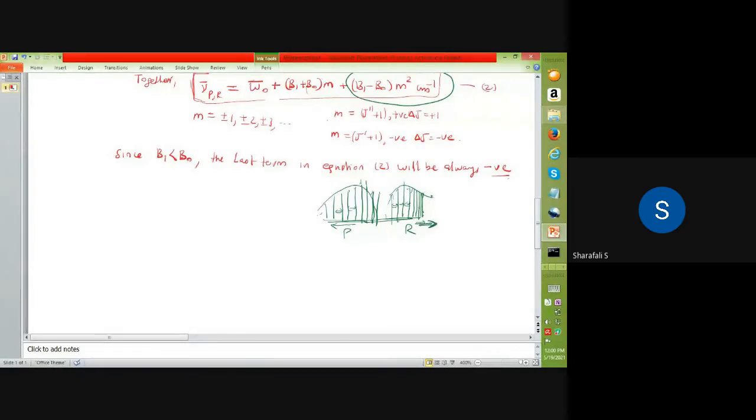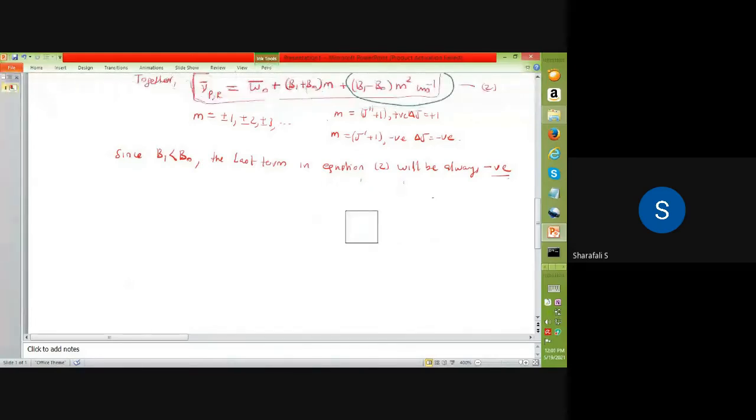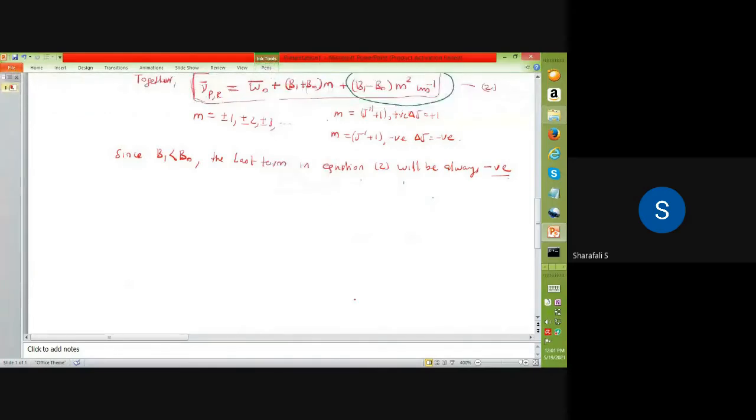So the separation of these lines will be reduced. So that's all about the breakdown of the Born-Oppenheimer approximation.